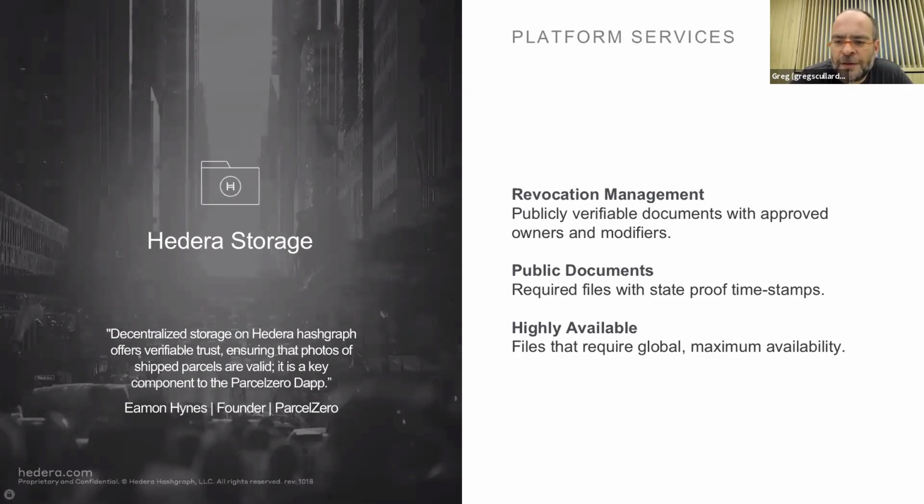Highly available in that each file will reside on every single node that's participating in the network, as opposed to being split up in lots of bits in a peer-to-peer fashion, or merely backed up on one or two additional nodes. Within Hedera Hashgraph, every file will exist on every single node.